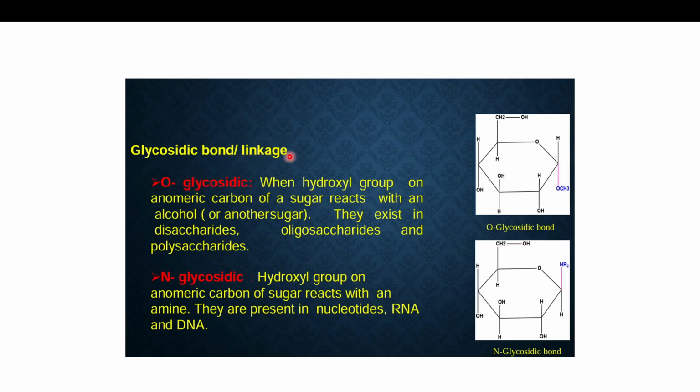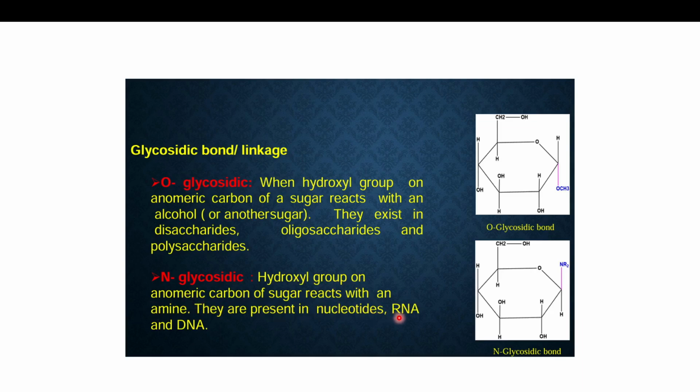And glycosidic bond or linkage can again be of two types. O-glycosidic linkage, when the hydroxyl group on anomeric carbon, the first carbon of a sugar, reacts with an alcohol or another sugar, and eventually they can exist in disaccharides, oligosaccharides, and polysaccharides, the O-glycosidic bonds. Okay, here in this case. Whereas N-glycosidic linkage, the hydroxyl group on anomeric carbon of sugar reacts with an amine.